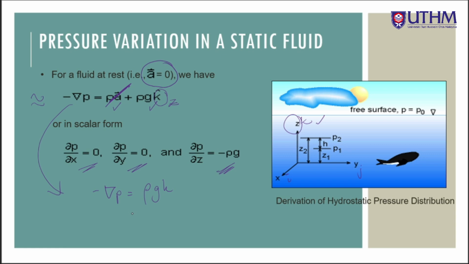So kita nak tengok in terms of k, kita ganti in z, change in pressure in z direction should be minus rho g. This is what happens for pressure variation in a static fluid, which only depends on the z direction.